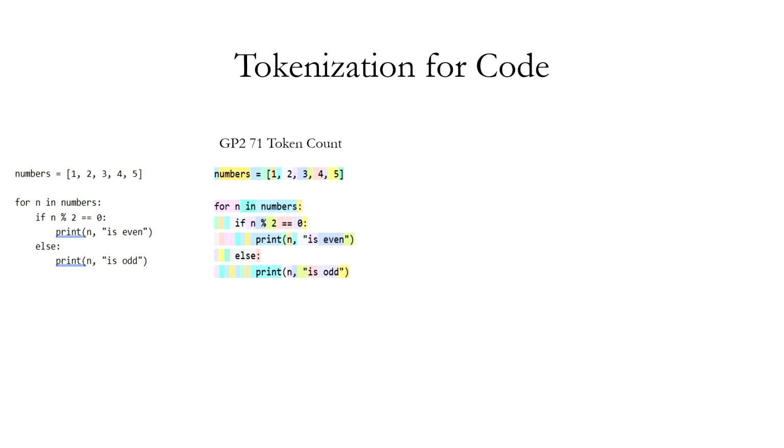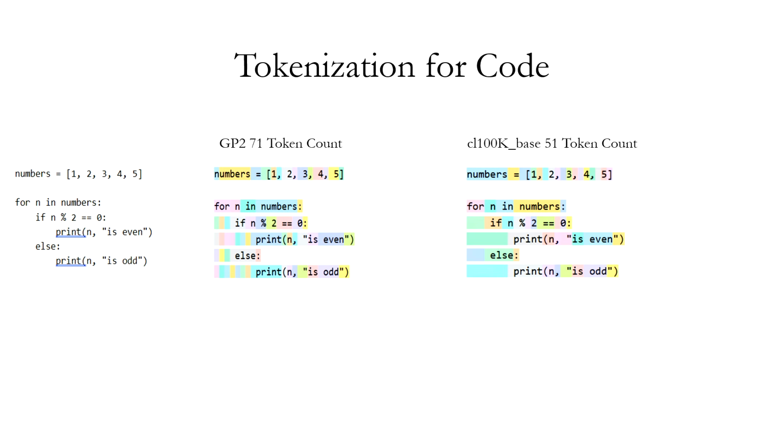You can see in GPT-2, there's a 71 total token count versus cl100k_base, there's a 51 token count, right? So the white spaces have basically been eliminated.